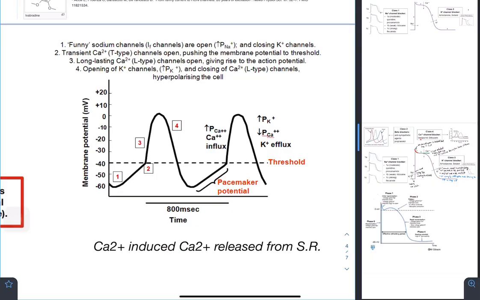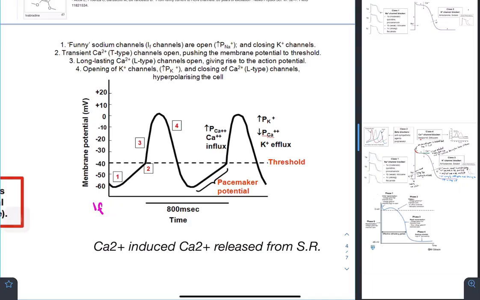In the beginning, I believe they call this phase 0. Anyhow, in the very beginning, before the action potential of the nodal cells is generated, we have what we call the funny sodium channel. Funny sodium channels are denoted as If, F for funny.